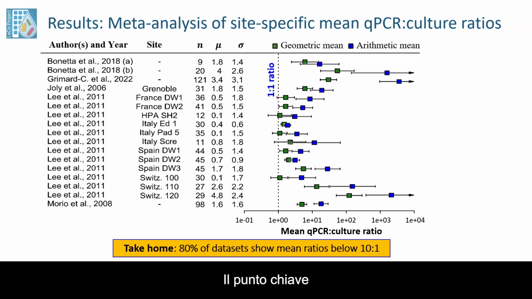The key takeaway is that while there's variability, for most sites, a simple default factor close to 1-to-1 is reasonable for interpreting qPCR data and risk assessment. Nevertheless, some studies deviate more strongly from the 1-to-1 line, and the application of the 1-to-1 factor could lead to highly conservative risk estimates. Now let's have a look at one potential moderator of this relationship.